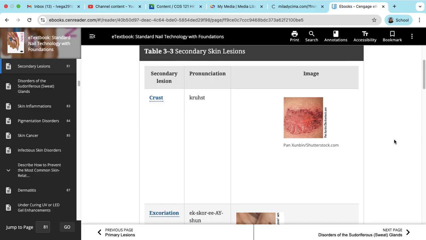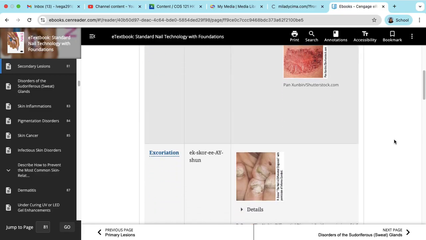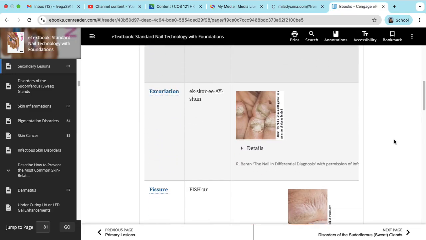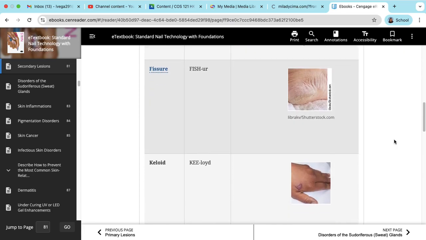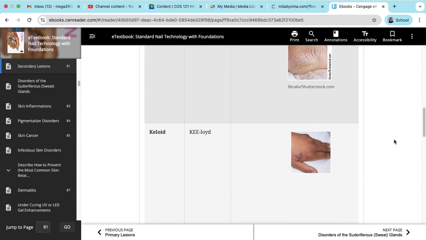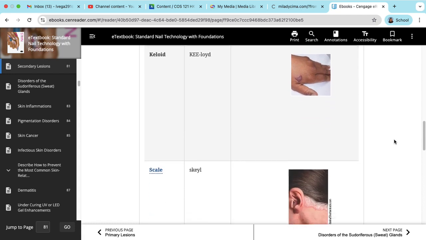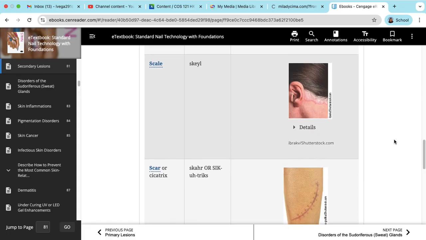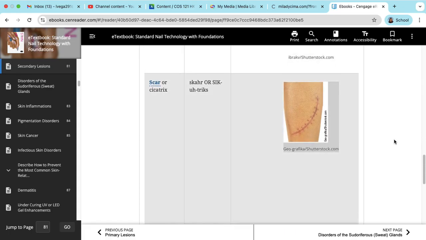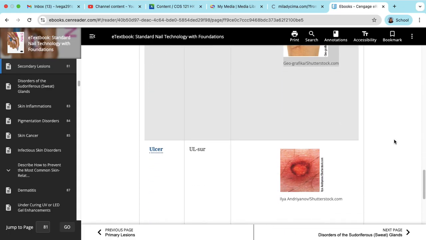Crust, excoriation, fissure, keloid, scale, scar, ulcer.